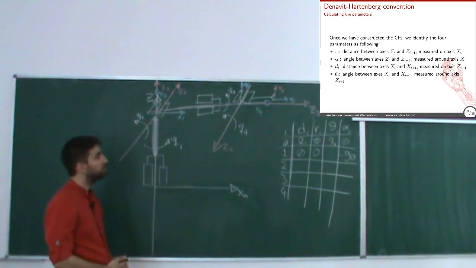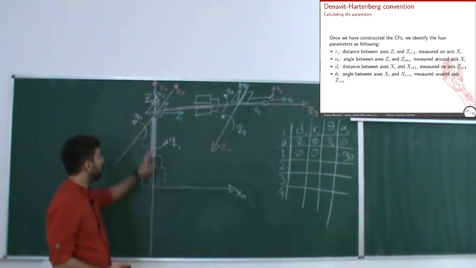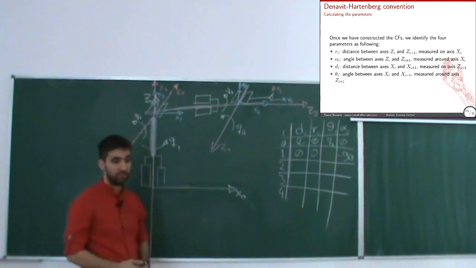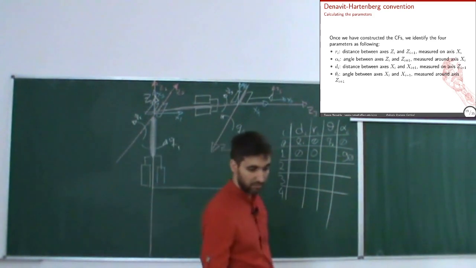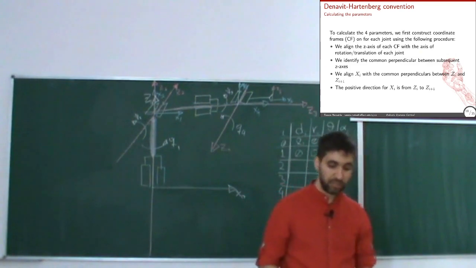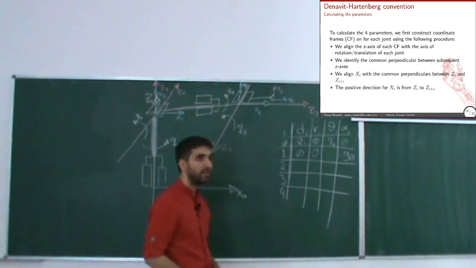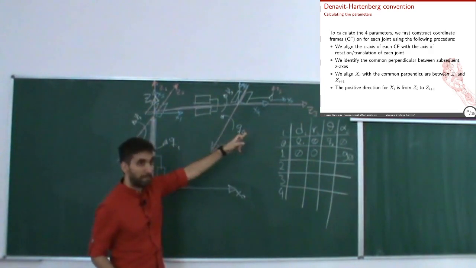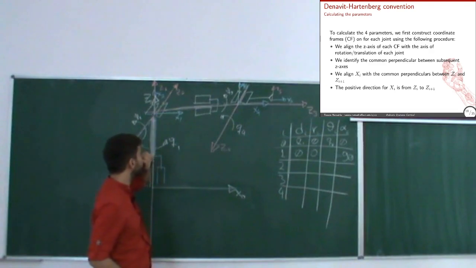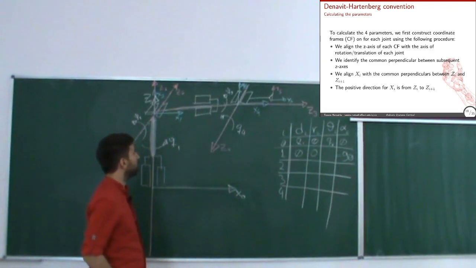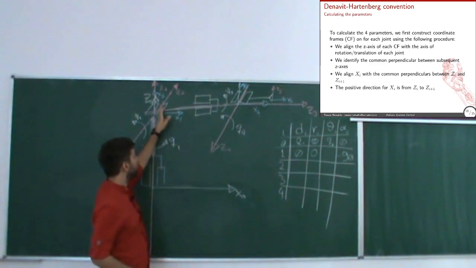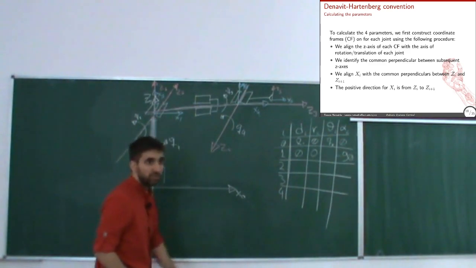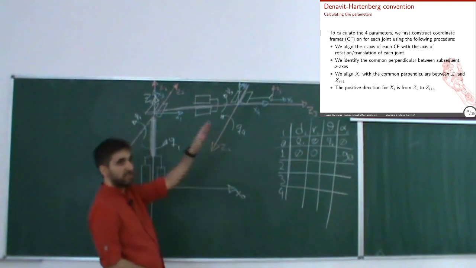Doesn't change. Okay, so how did we define x2? x2 is the common perpendicular between Z2 and Z3. Right? So if I rotate around Z2, Z2 is not changing, right? I just do this.